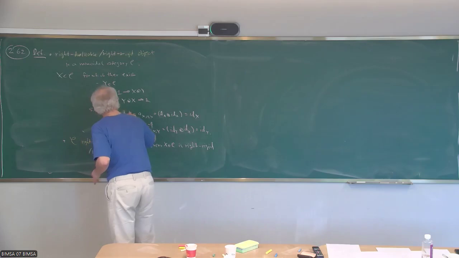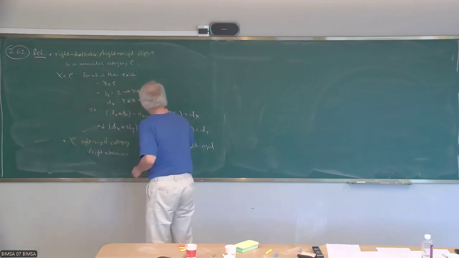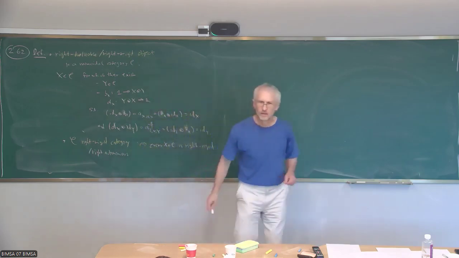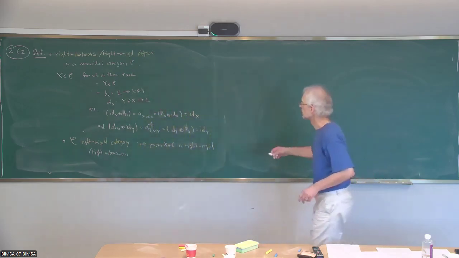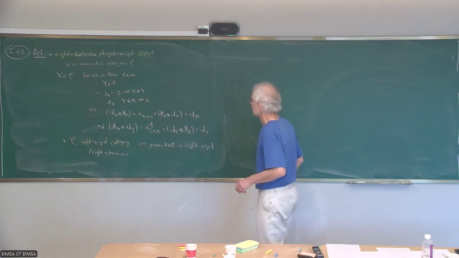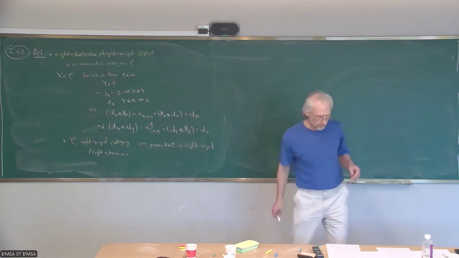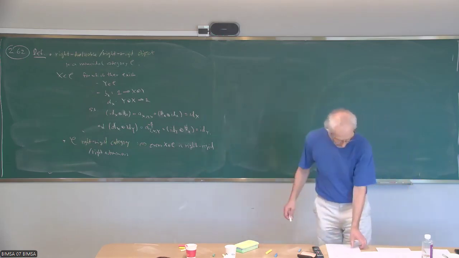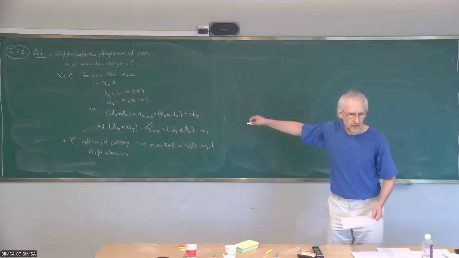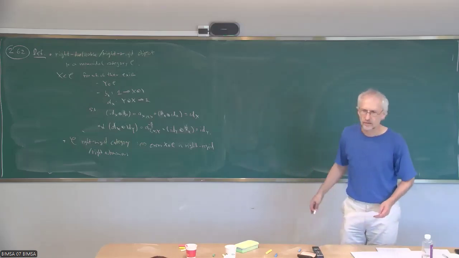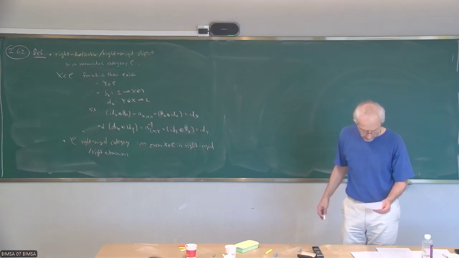Here was B. Here it was correct, and here it was correct, and here it was correct. Once I have the graphical notation, okay, it's the right thing.